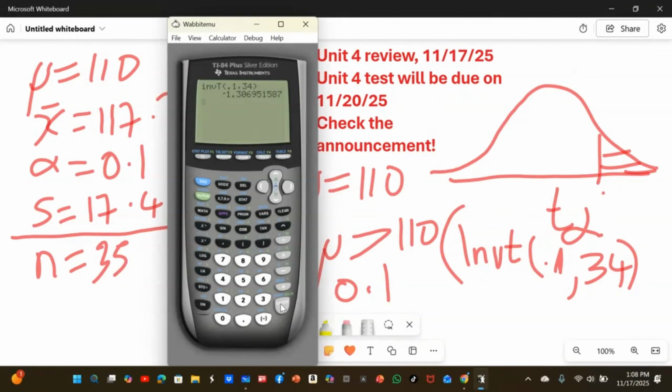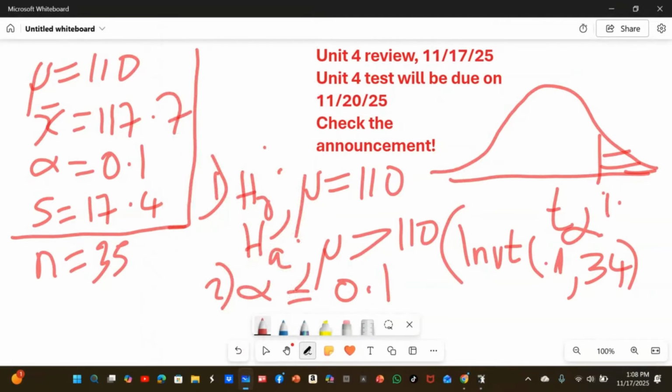The normal curve is symmetrical, so I have to change it to positive because it's a right tail test. So positive 1.31 is the critical value. The calculator gives me area to the left because that's what it knows, the percentile, but I have to change it to positive because the t curve is also symmetrical like the normal curve.